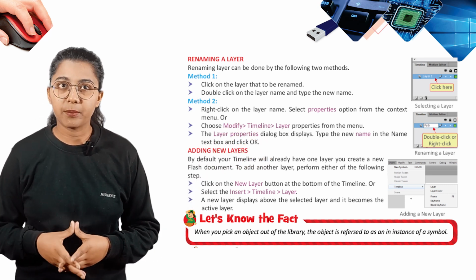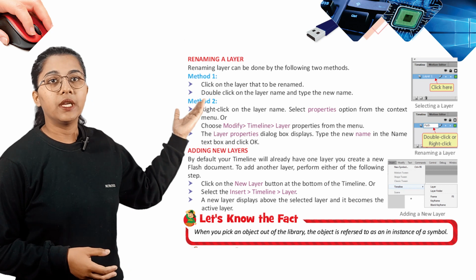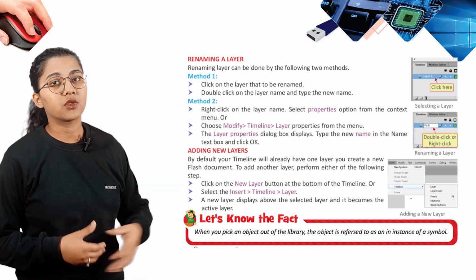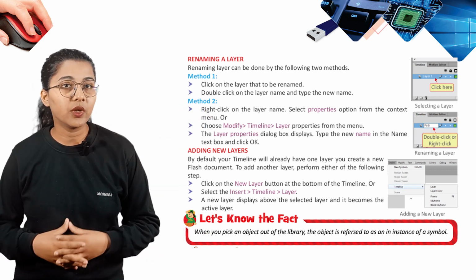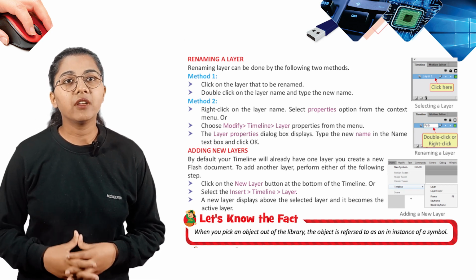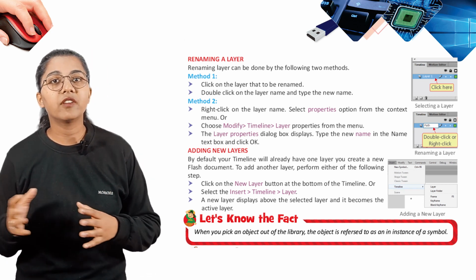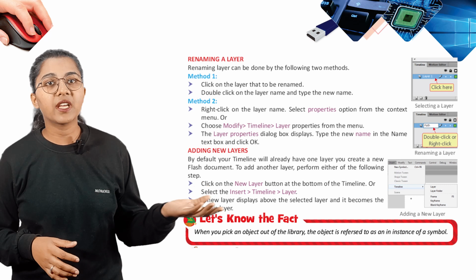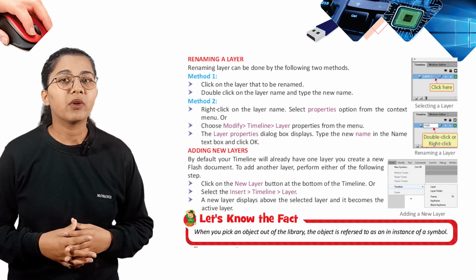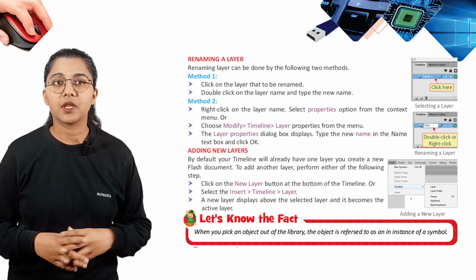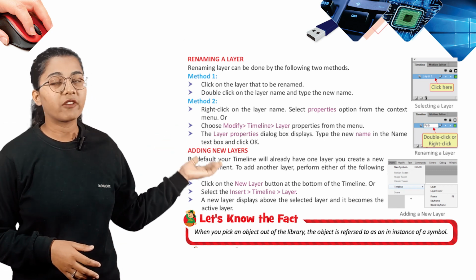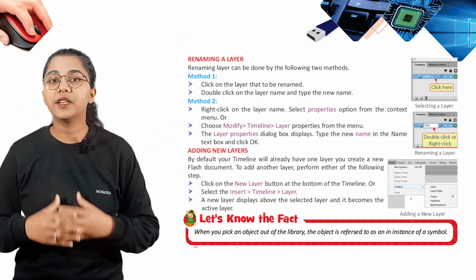Now let's discuss adding a new layer. So how do you add a new layer? Let's read. By default, your timeline will already have one layer. You create a new Flash document to add another layer. Perform either of the following steps. Here are some steps you have to follow if you want to add a new layer.